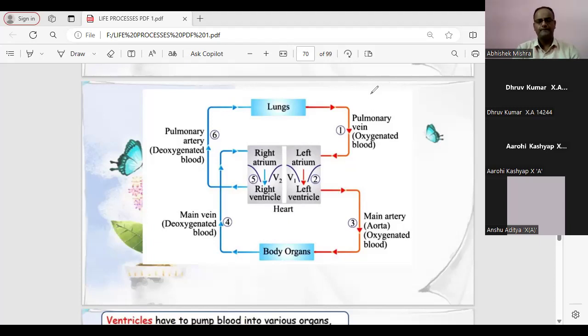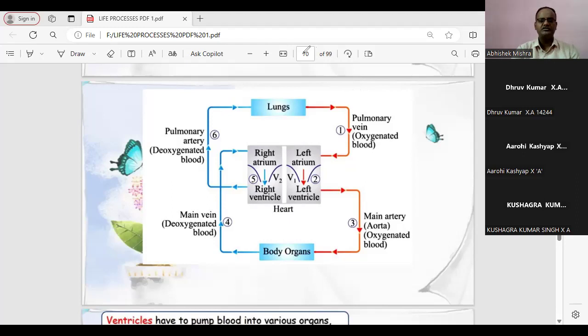From the lungs, the blood now enters into the left atrium through the pulmonary vein. When the left atrium is filled up with the oxygenated blood, then the oxygenated blood enters into the left ventricle. Okay, then from the left ventricle, where does the oxygenated blood go? To the different body parts.